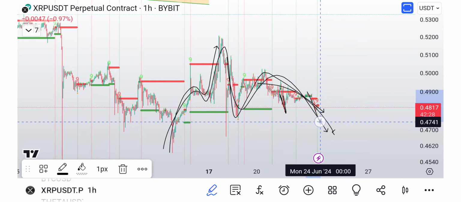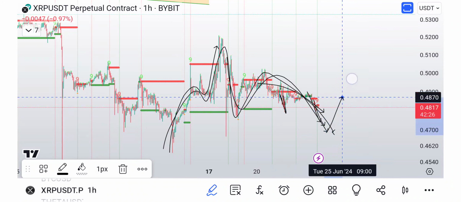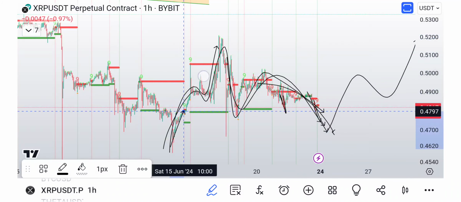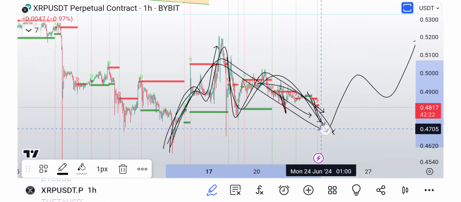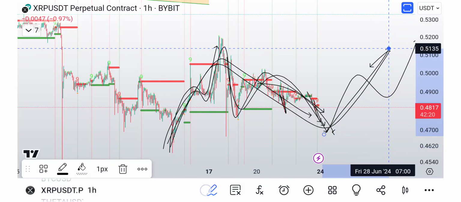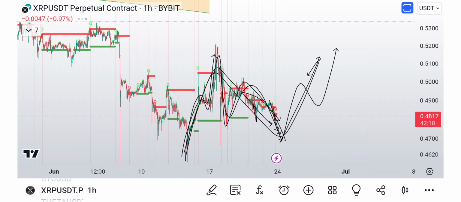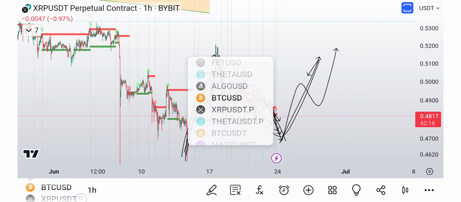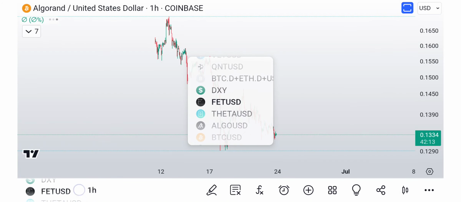Once this finishes here, I want to see 3 or 5 up. So we have 3 down, 3 up, 3 down, 3 up, or 5 up. So that's it on that one.